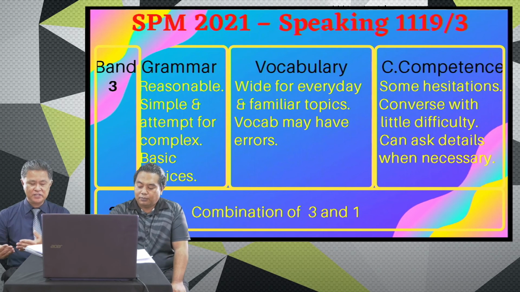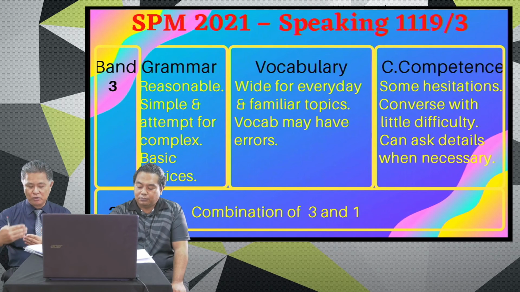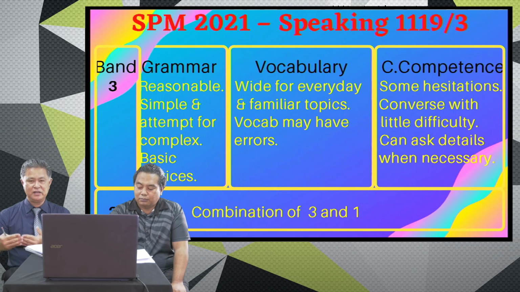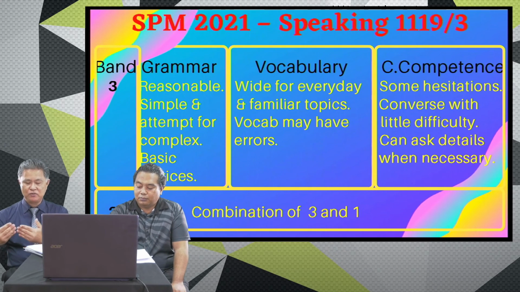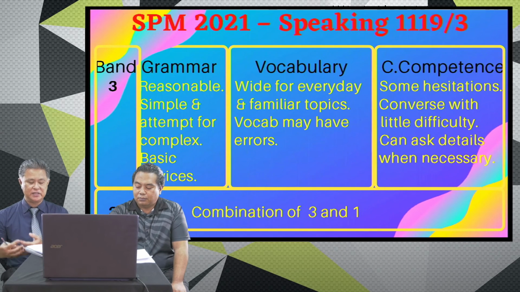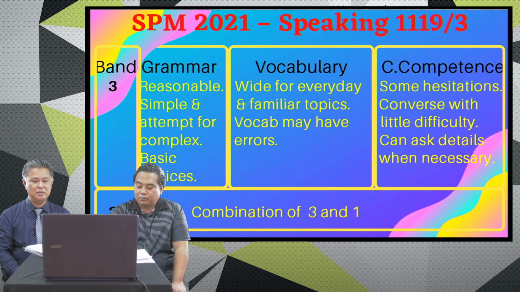Band 5 students can converse at ease with little hesitation, but band 3 students converse with some hesitation and difficulty. That is for the band 3 students.